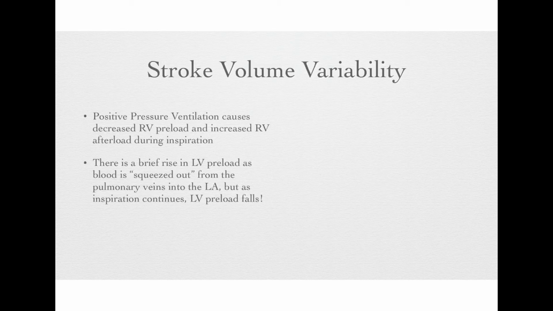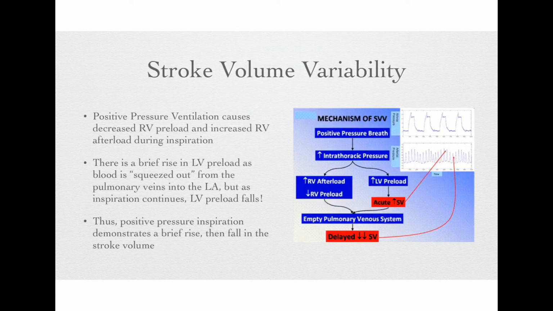As inspiration continues, essentially the lungs get dried out and the LV preload then starts to fall. This chart summarizes the hemodynamics of positive pressure ventilation. During inspiration, the increase in intrathoracic pressure increases RV afterload and decreases RV preload, whereas it also briefly increases the LV preload.